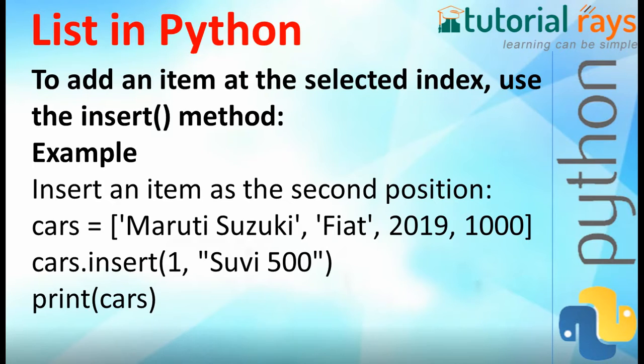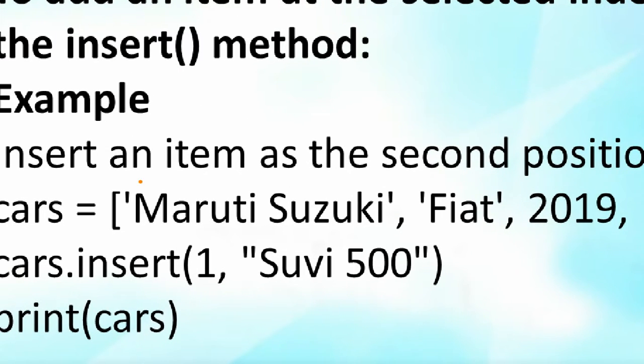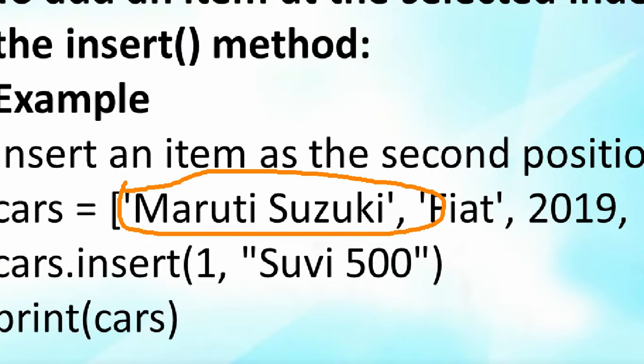For example, if you want to insert just after Maruti Suzuki, for example Suzuki 500, then we can use this selected index. So after Maruti Suzuki, Suzuki 500 will get inserted. So let's see one example.